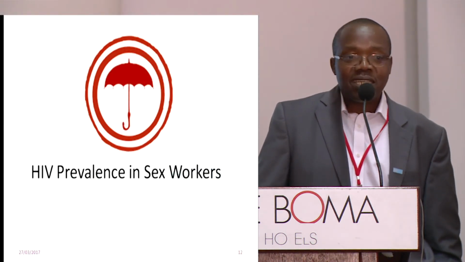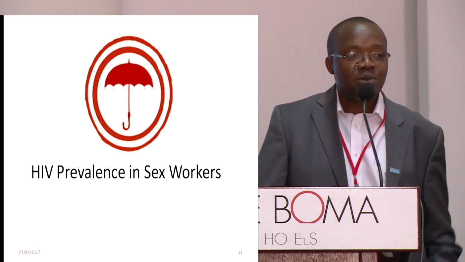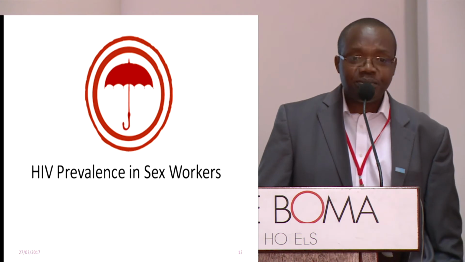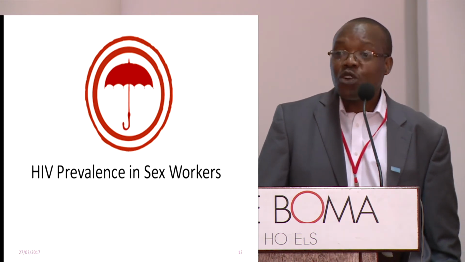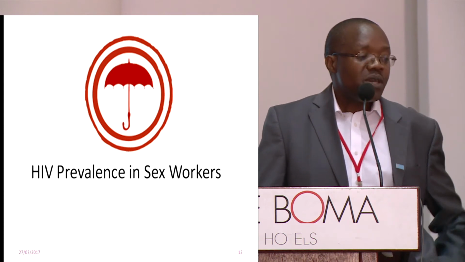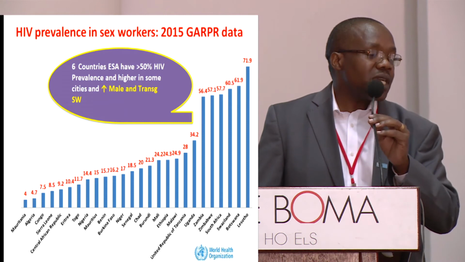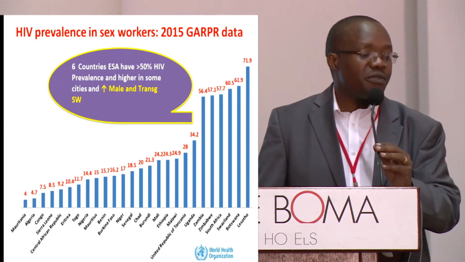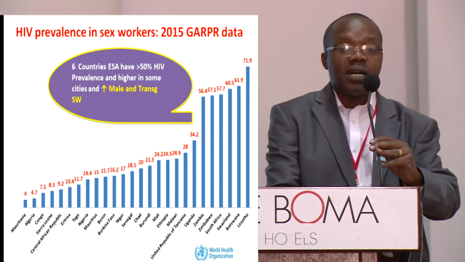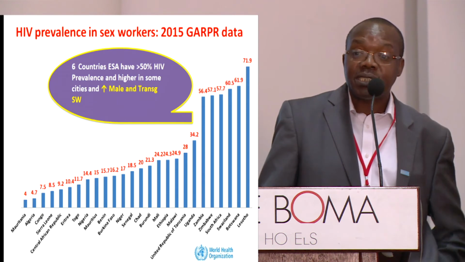This is the data that were collected from your ministries, through the Global AIDS Progress Report, of which many of you contribute at a global level. From the data we have for sex workers, you will note that 6 countries in Eastern and Southern Africa have HIV prevalence in this group of more than 50%.